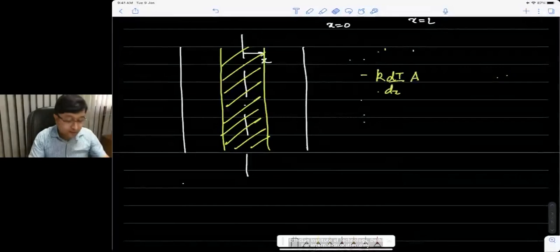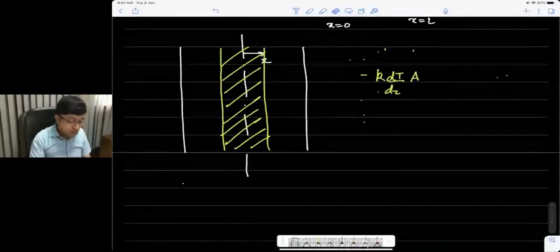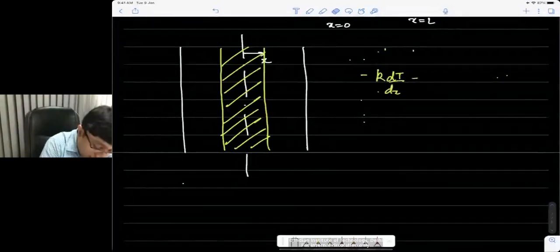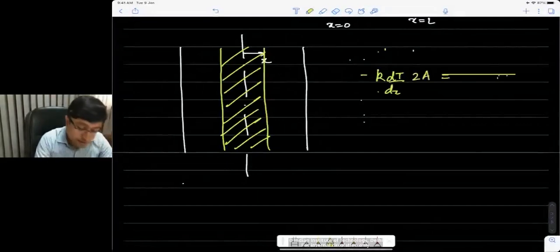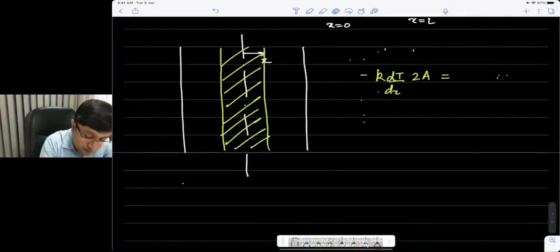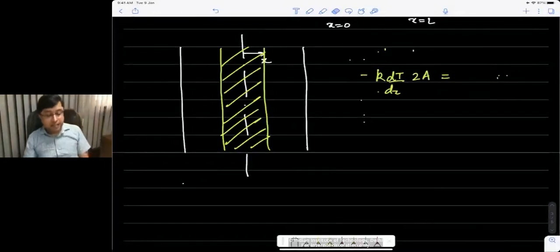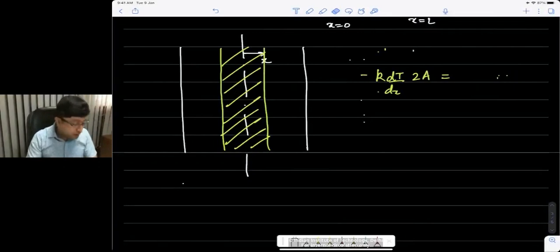And remember, energy is actually leaving from both surfaces, so I have twice the area, 2 times A. So this should be equal to minus E dot out plus E dot generation is 0.